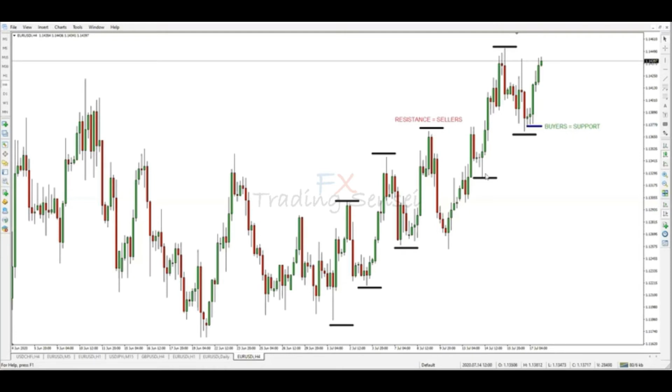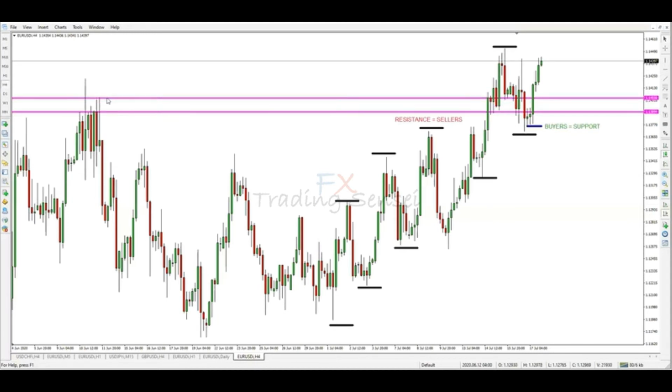Now, one of the concepts that is very important for us to lay out right now is the connection between support and resistance. And you're probably wondering, what exactly do I mean? Well, here we have on the left a zone. I'm going to mark this off as a zone right through here.